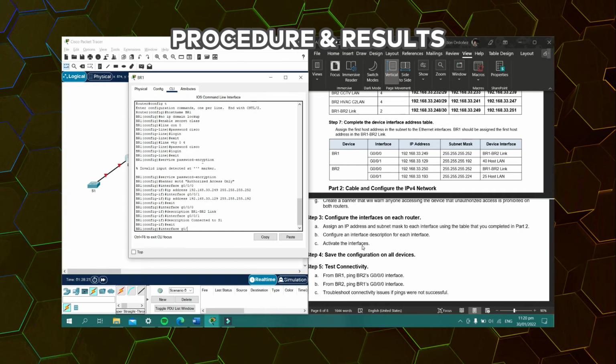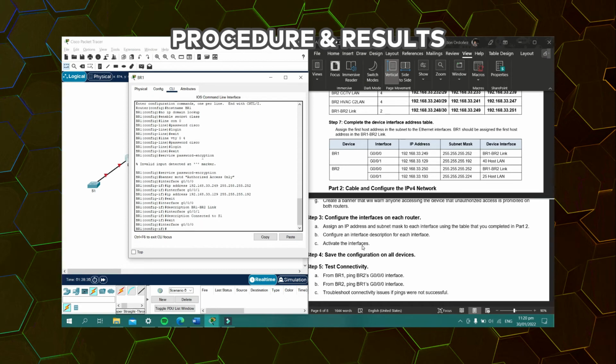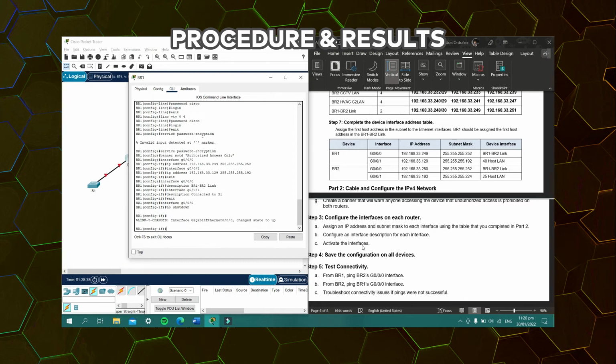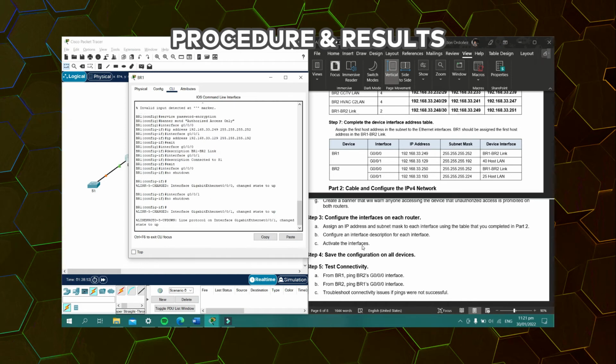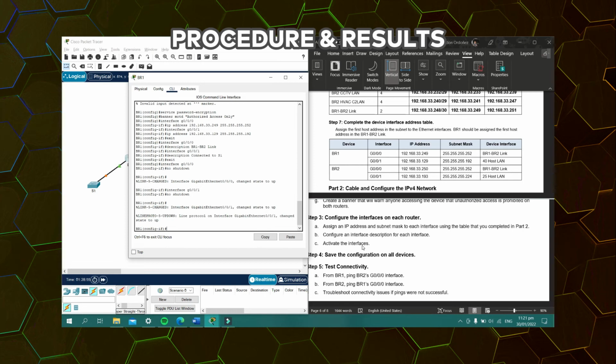So now we will activate the interface. Interface G0/0/0, no shutdown. After that, interface G0/0/1, no shutdown. So for BR1, we will save the configurations.